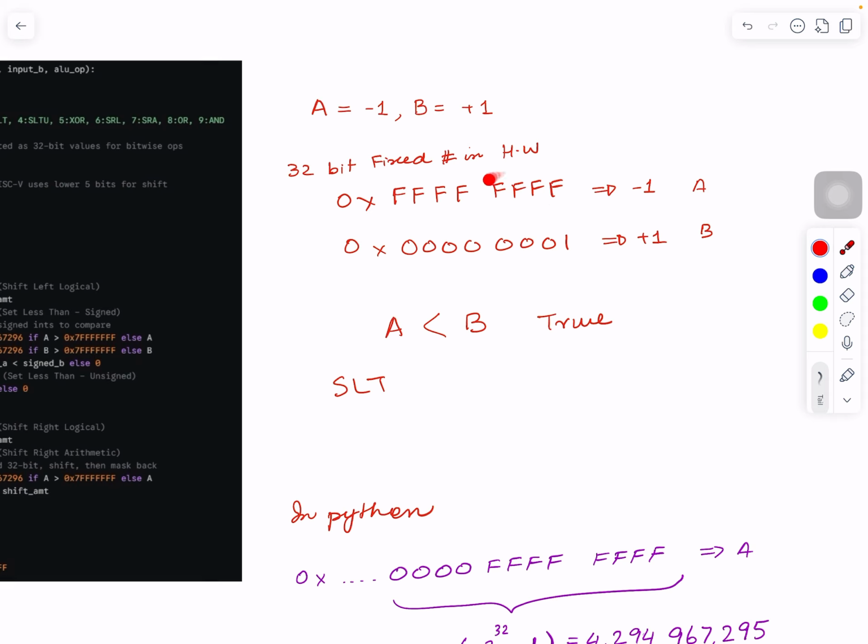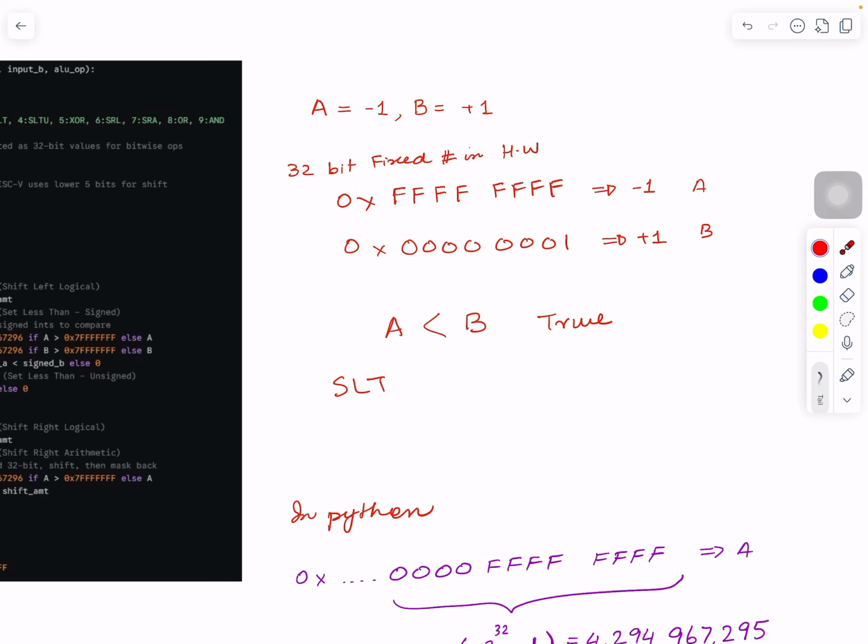If it's just 16-bit, all F's as a signed number is -1. So if this value comes in for A, we understand it to be -1, and the 1 is straightforward. Then the comparison is done inside, A is less than B, that is true, so the output is set to 1. So with fixed hardware, this is how it works, no problem.